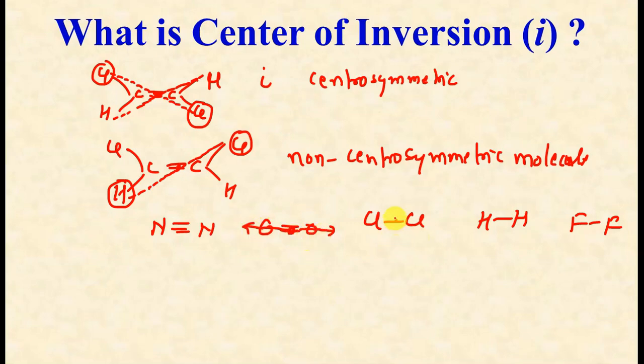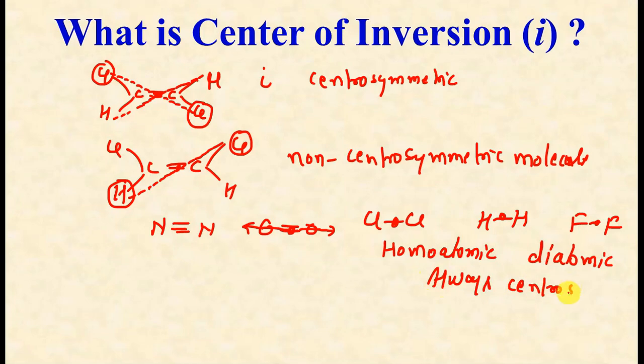Similar is the case for chlorine, hydrogen and fluorine. So all these are homoatomic diatomic molecules. Homodiatomic molecules are always centrosymmetric.